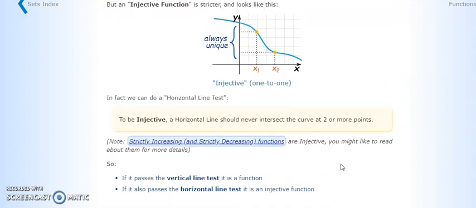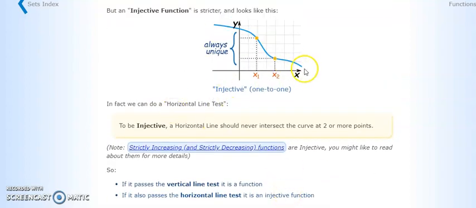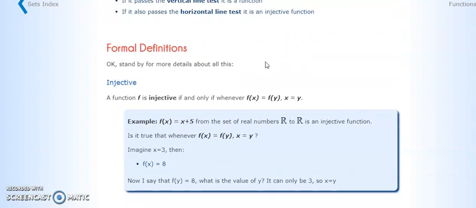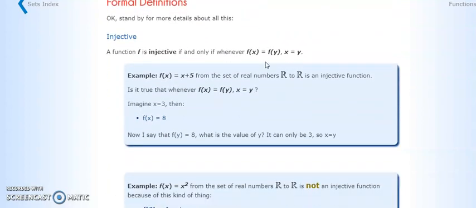And an injective function will be like this. No horizontal line will cut the graph in 2 points, so that will be an injective one. There is a formal definition. f is an injective function if and only if f(x) equals f(y), meaning if the images are equal, then the pre-images are equal. That is the definition of an injective function.